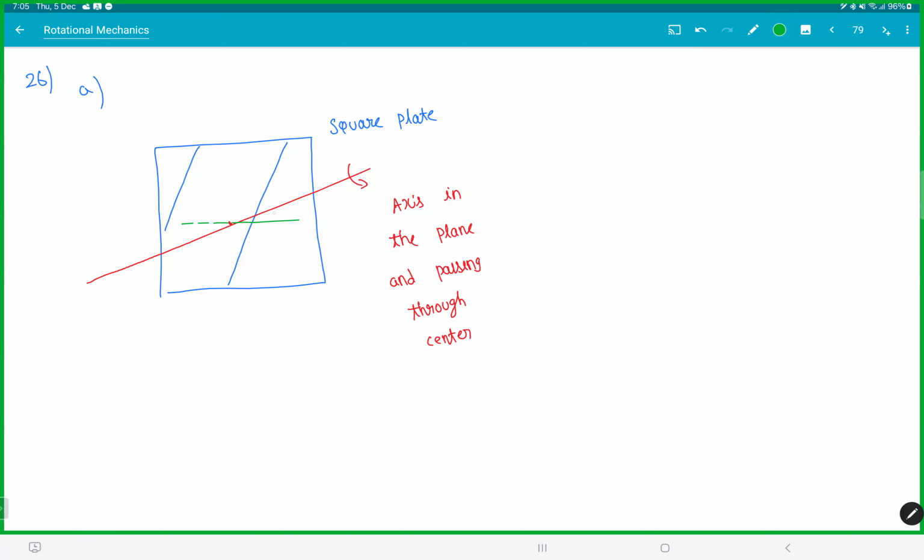This is making some angle theta. So it would kind of look like this.